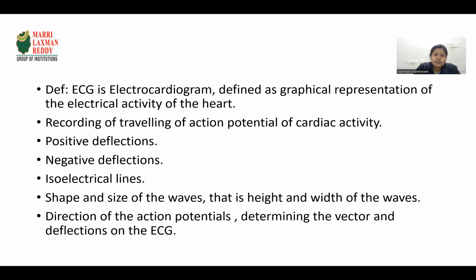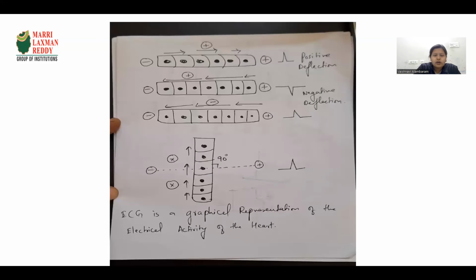So what is an action potential? That is the charges that are being transferred throughout the cardiac activity. A vector is the direction as well as magnitude of these action potentials, which you see in the form of deflections on the ECG graph.